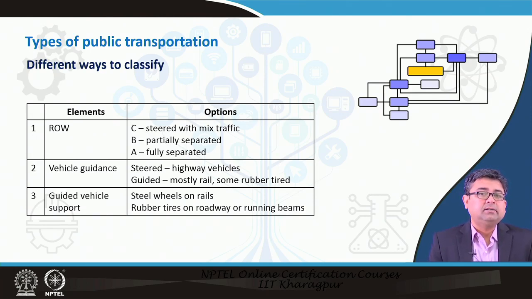We have already looked at the right of way elements and how they can be classified as C, B or A. They can also be classified as different types of vehicle guidance, like they can be steered vehicles like buses, or they can be guided vehicles which are on rails, and sometimes on rubber tired transport as well, but mostly rail transport, metro rail or light rail or public transportation lane or regional rail. All of these are usually guided public transportation systems.